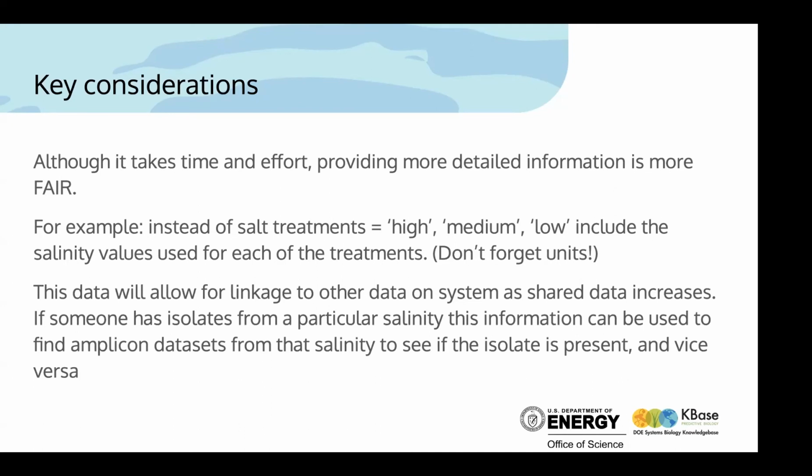Or if you see a big transition between medium and high in your treatments, you can go to what those salinity values are and find samples that maybe come from locations with salinity values in between, and see if it's a gradual transition, or if there's a critical point that's hit in between those samples. That can help you to provide context and a deeper interpretation of your data and improve your science.